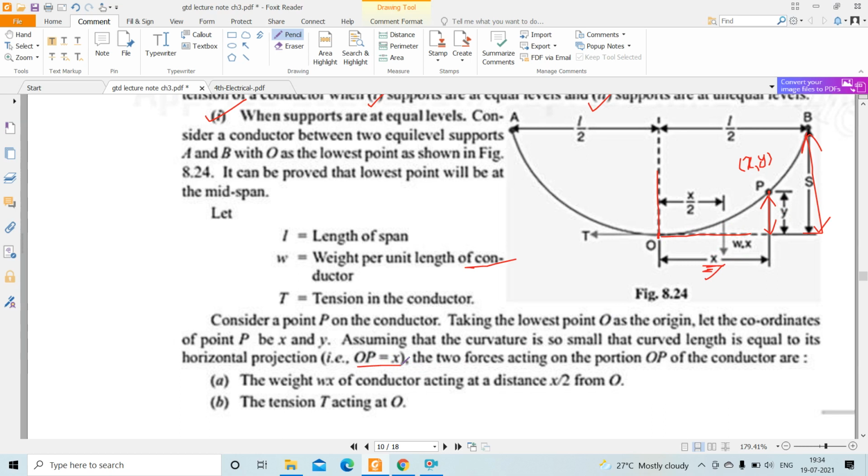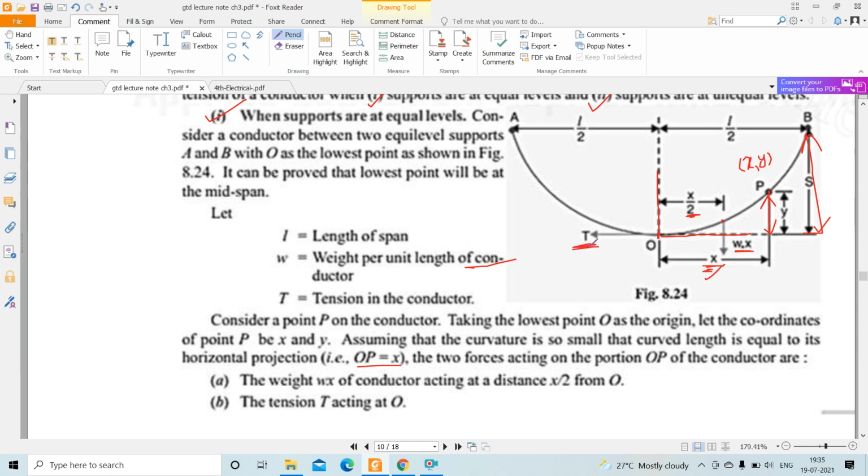Then the two forces acting on the portion OP of the conductor, on this OP curvature, are the weight Wx of the conductor acting at a distance x by 2 from O, and the tension T acting at O. If this is the small curvature, in this OP length, its midpoint is this point, and the distance from O is x by 2. Here the weight of the conductor acts, that is W into x.